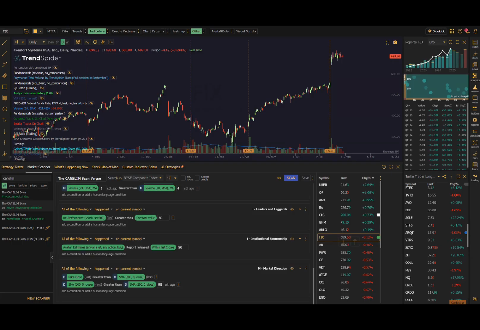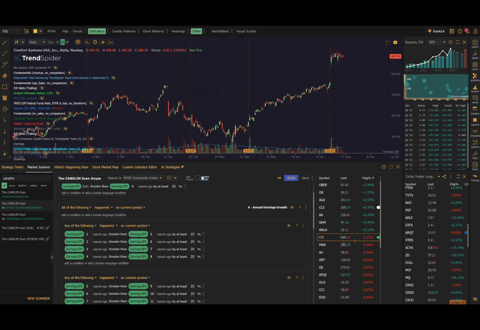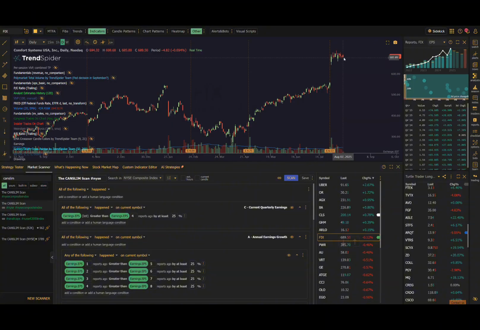I don't know if you guys have any more questions, but before I move on, one thing I wanted to note for our scans: we have this current candle box that you can check on and off, which will scan for the current candle printing right now.